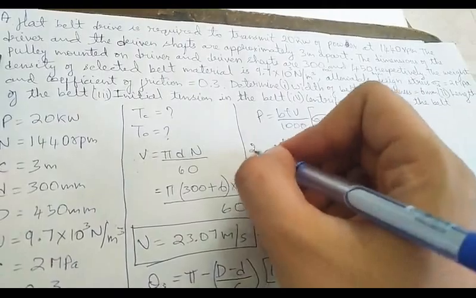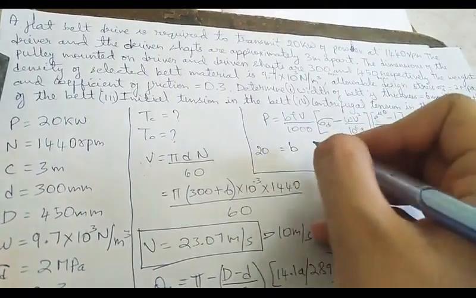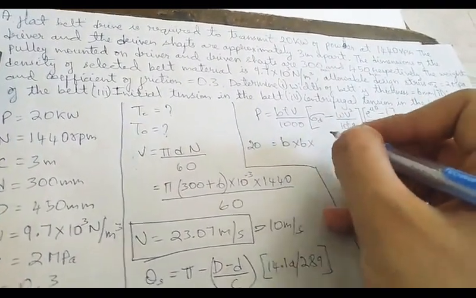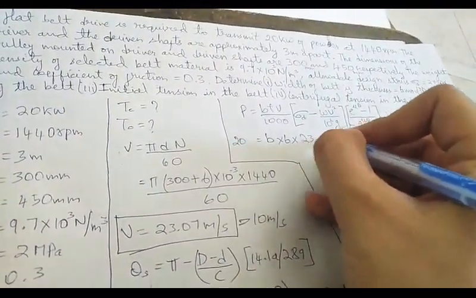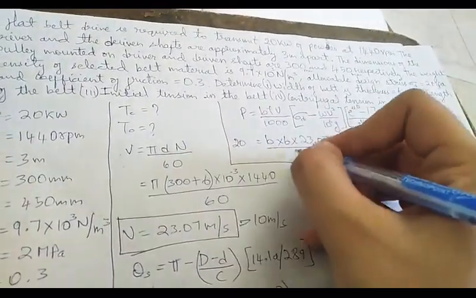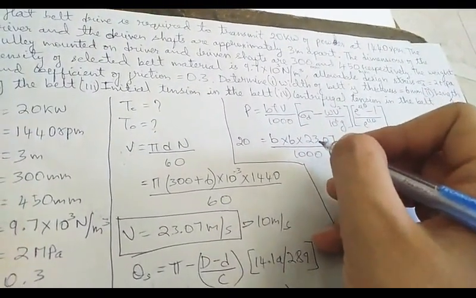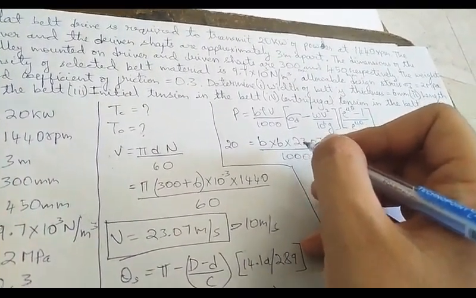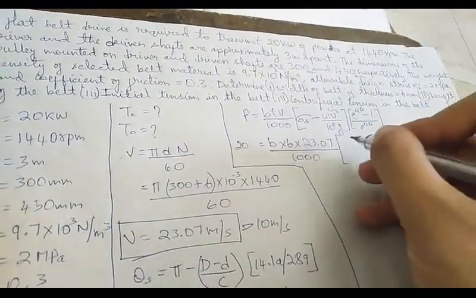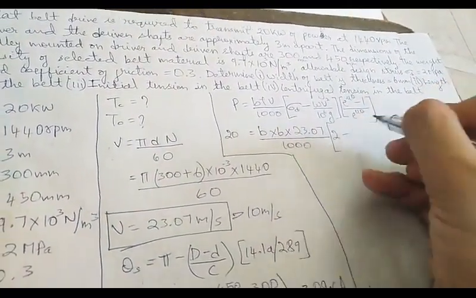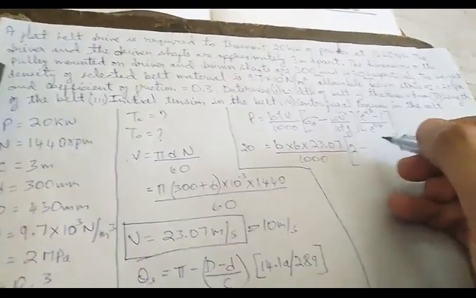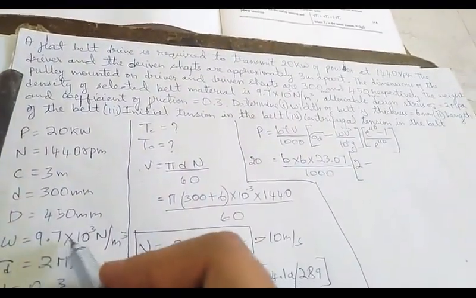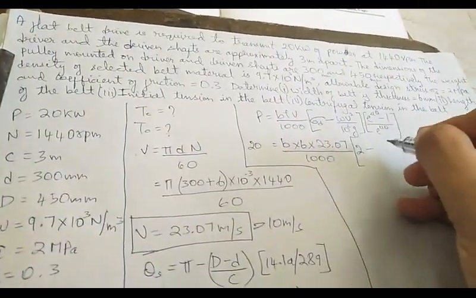Power they have already given 20 kilowatt. So T is 6 mm and V velocity is 23.07. So the allowable stress is 2 MPa. W they are given 9.7 into 10 power 3 Newton per meter cube.